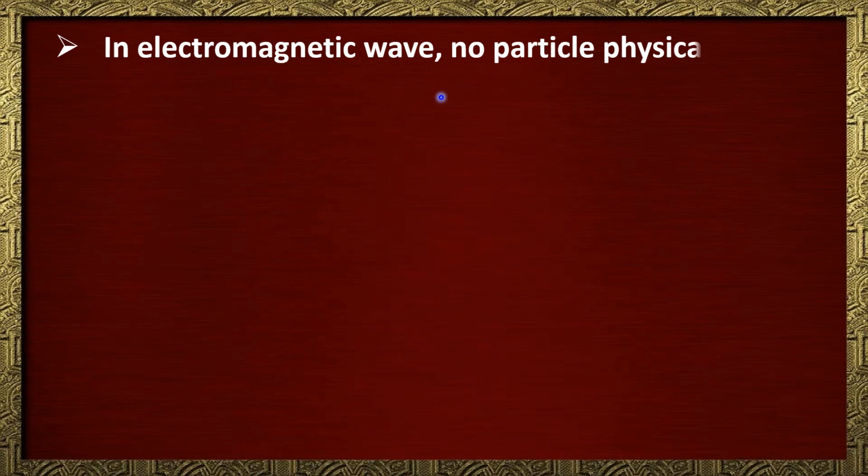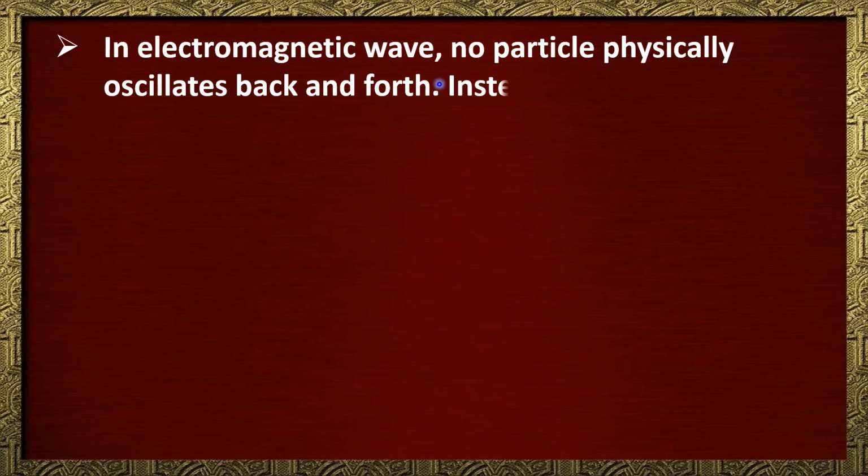Okay, so in an electromagnetic wave, see here, I am telling the property of the electromagnetic wave because light travels in the form of electromagnetic waves. In an electromagnetic wave, no particle physically oscillates back and forth.